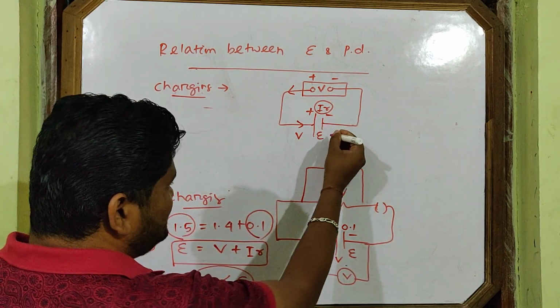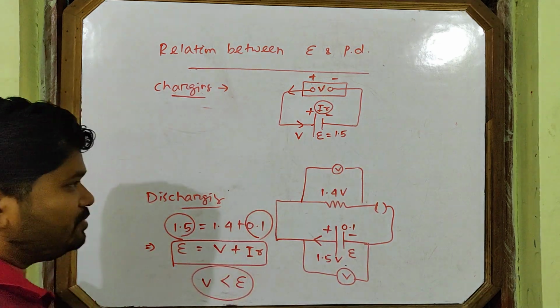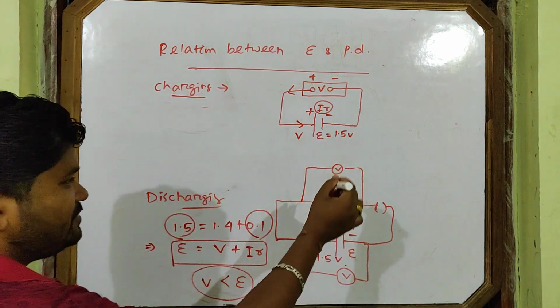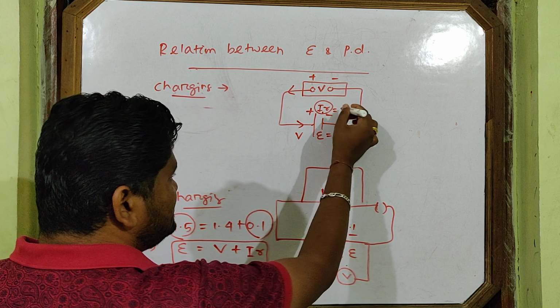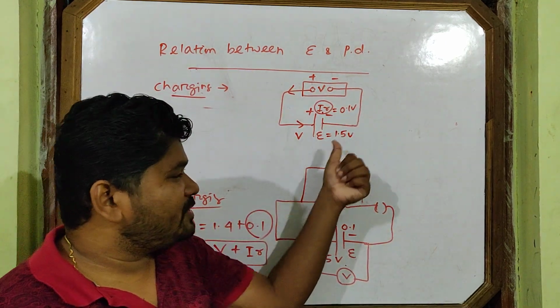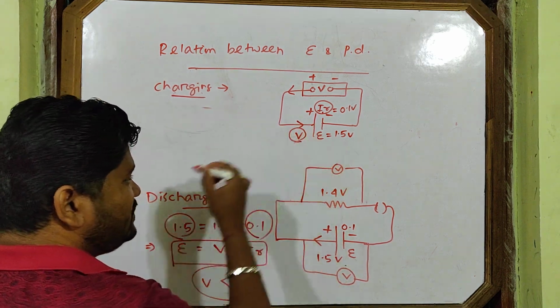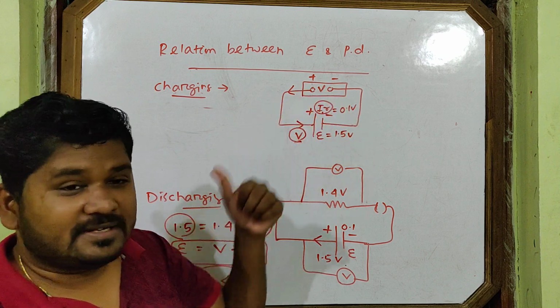So what is the relation? Now let us take this EMF. You are using 1.5 volts. Okay, this is 1.5 volt. This loss that happens is 0.1 volt. Okay. So then what about this V now? How much V must it supply?